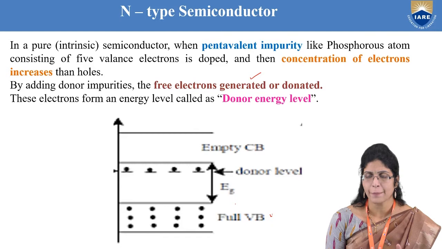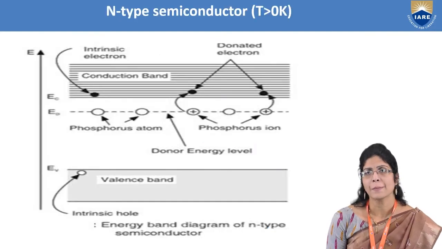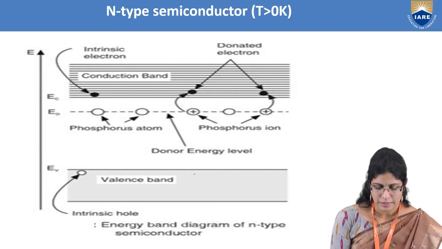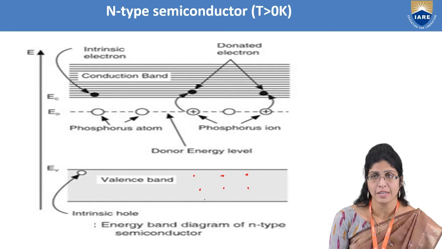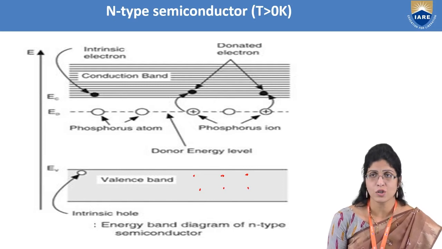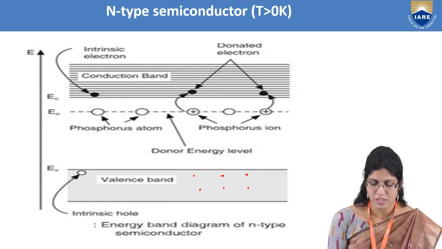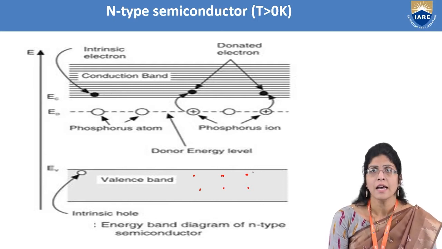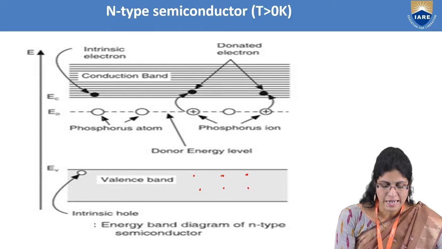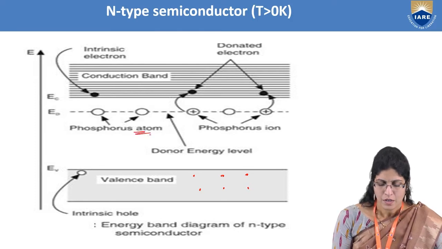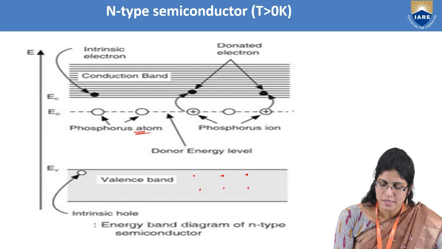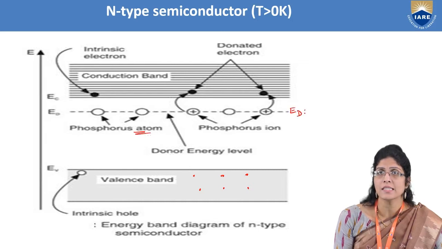Now what will happen as you raise the temperature? First, there are electrons here which are filled in various energy levels. Normally it should follow Pauli's principle and only 2 should be there, but just for your understanding, I'm drawing like this. And now the phosphorus atoms are there here. This is the donor energy level, which you normally represent as ED.